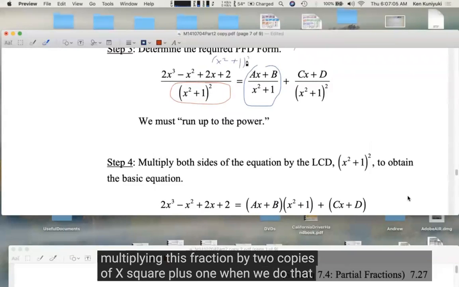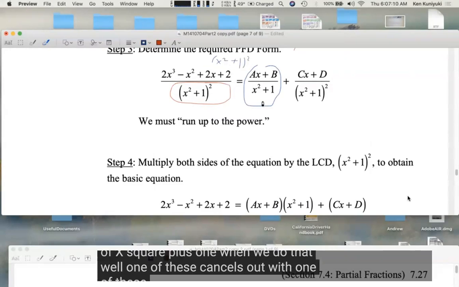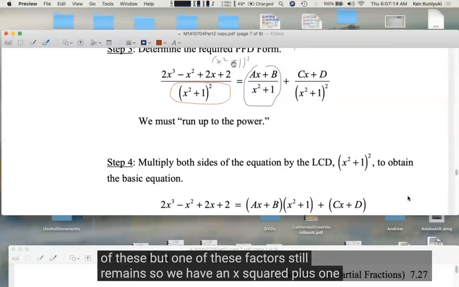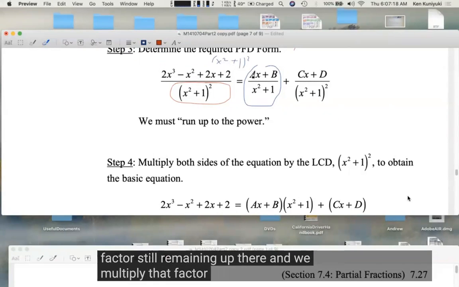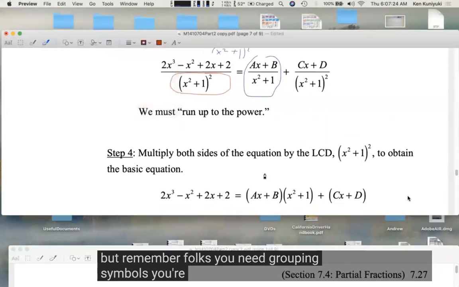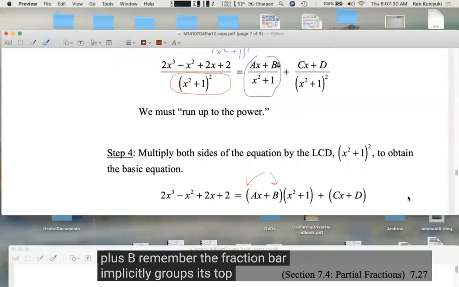When we do that, one of these cancels out with one of these, but one of these factors still remains. So we have an x squared plus 1 factor still remaining up there. And we multiply that factor by the ax plus b. But remember, folks, you need grouping symbols. You're multiplying all of ax plus b. Remember, the fraction bar implicitly groups its top and its bottom.